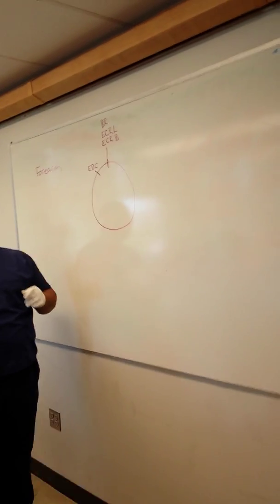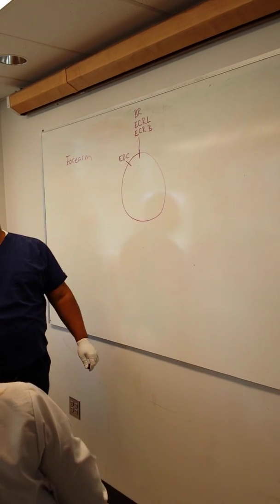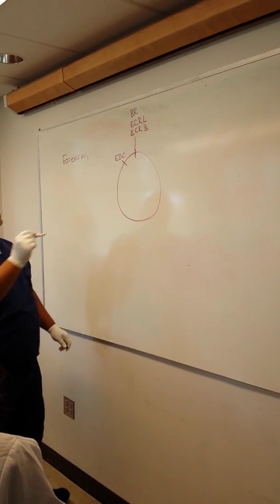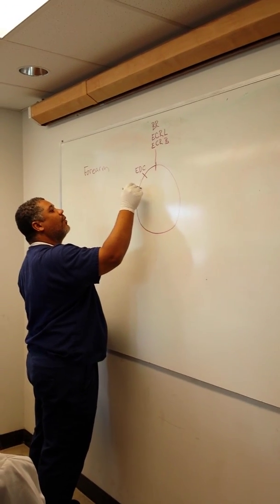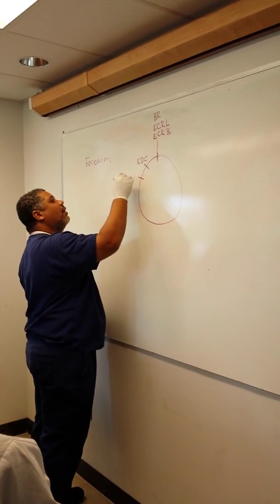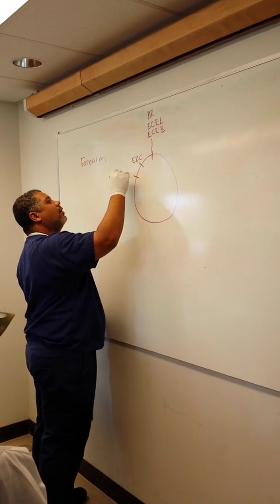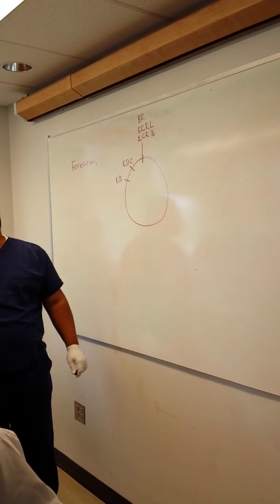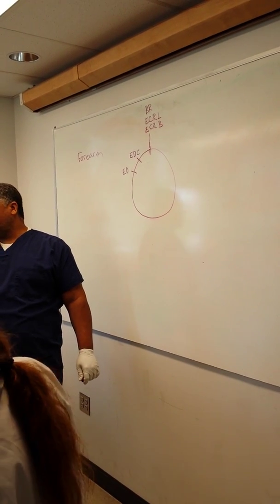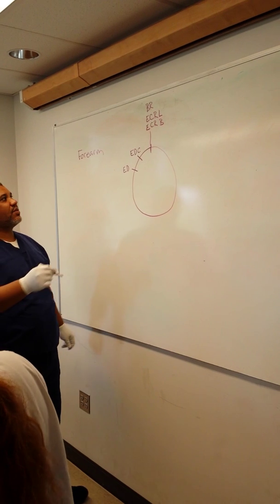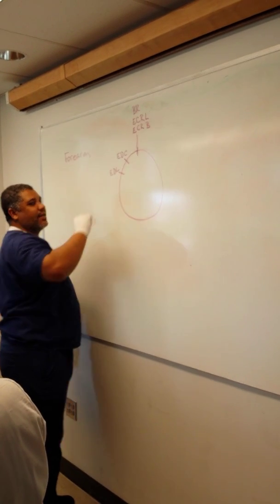Okay? Then you have another extensor that comes right just below it, right about here. And it's again an extensor digitorum, but this time it's only extending the lateral side, so it's extensor digitorum lateralis.